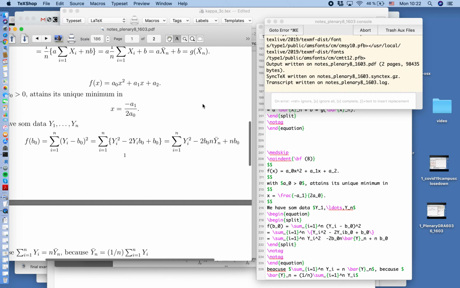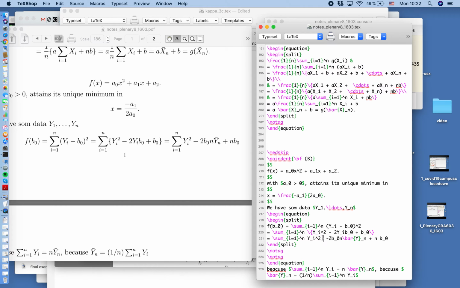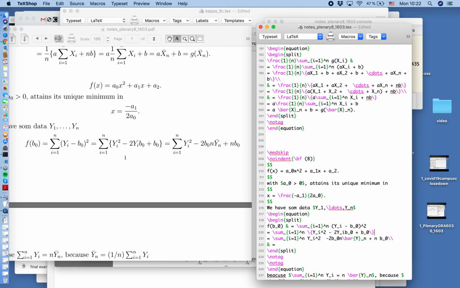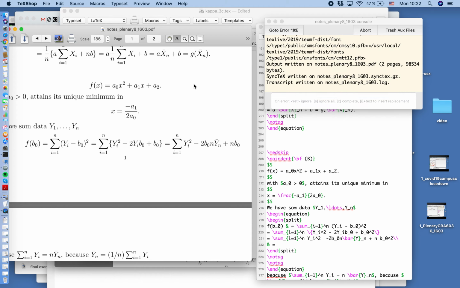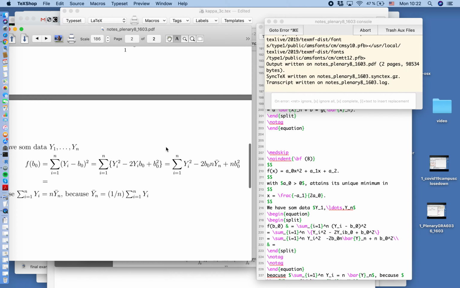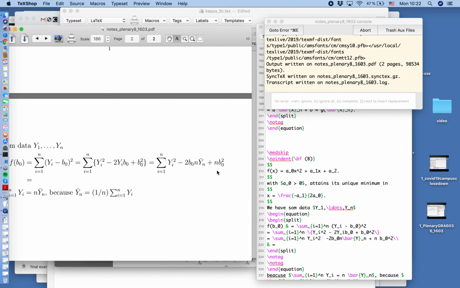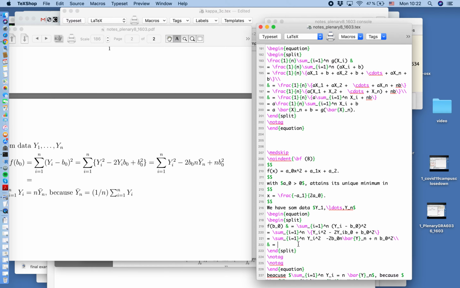Now we see that it starts to look like what we have up here. It might be even easier to see if we rearrange the terms a bit. Do you now see what I forgot to do? I forgot to square this last term here. That happens. So now this is correct.